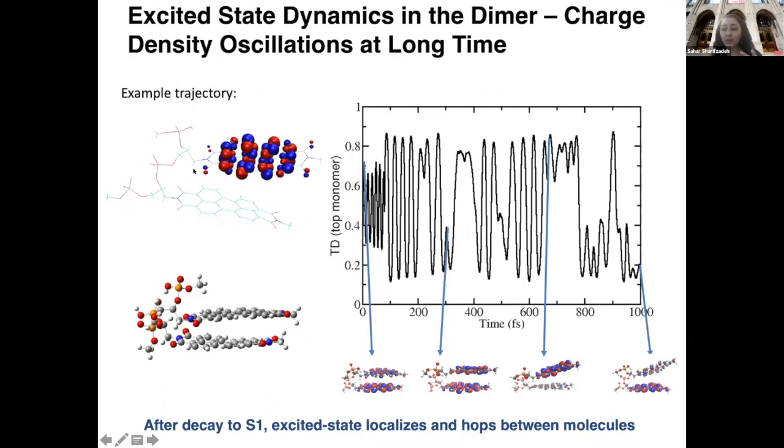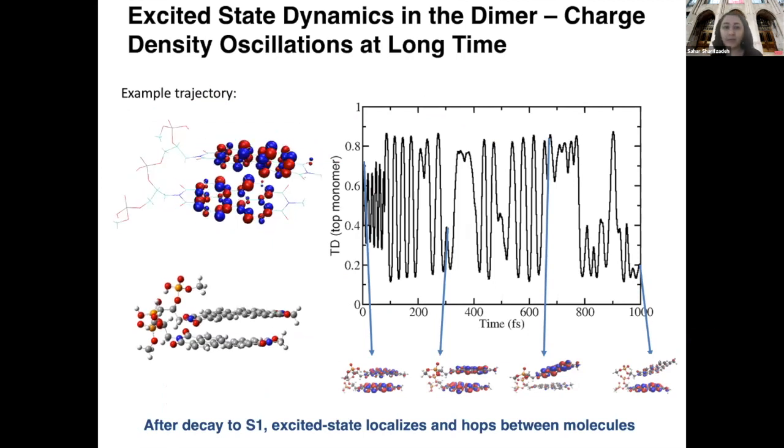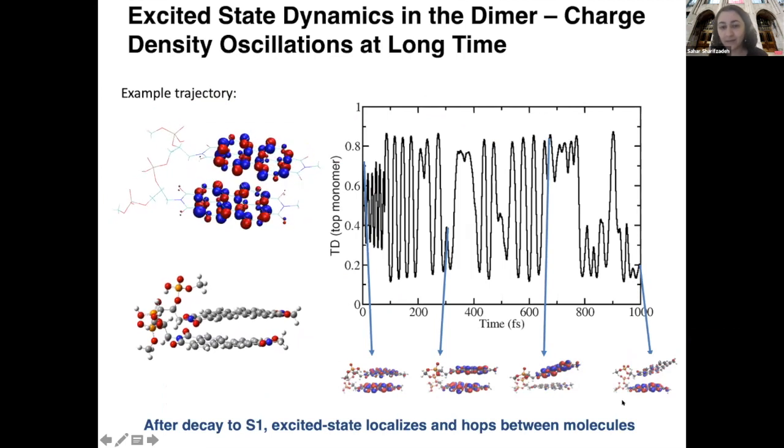So this suggests that over the dynamics, those intramolecular vibrations are dominating and localizing the exciton.